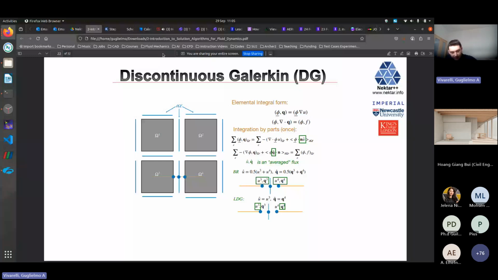We now have elemental matrices that need inverting and are much easier, and we just transfer information from one element to another. In the advection case, utilizing the upwinding philosophy, whilst in the case of the viscous terms, we can use a little bit more imagination and use either an average, or as in this case, we mix variables. Okay.